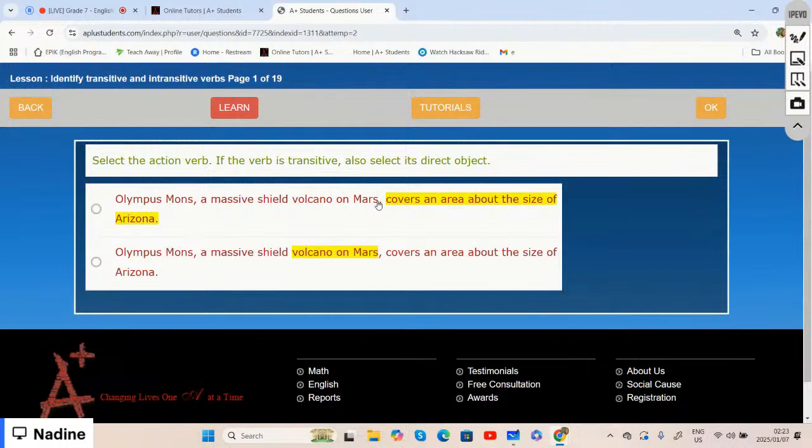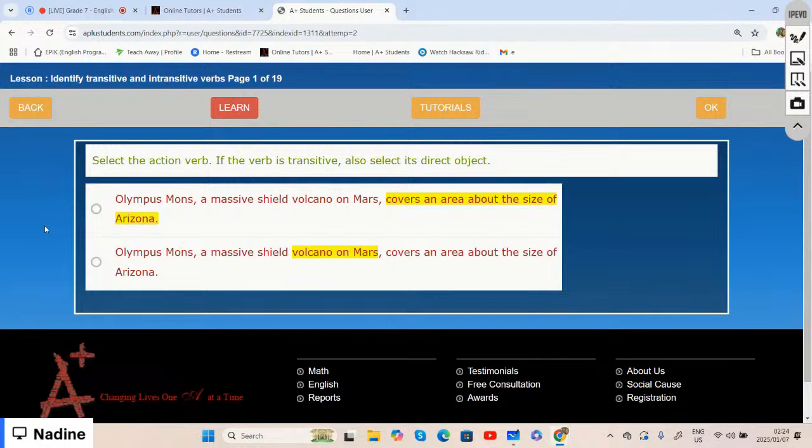It says we need to select the action verb and say if the verb is either transitive or intransitive.